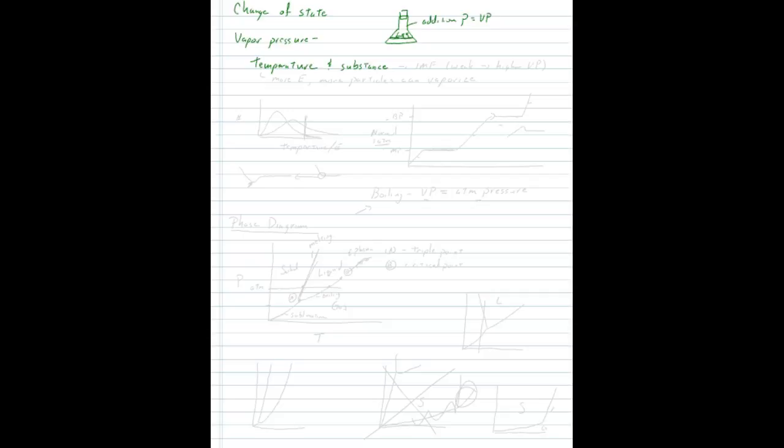Water has a very low vapor pressure because the molecules are very strongly attracted to each other. They have a strong intermolecular force. So the vapor pressure depends upon the intermolecular force. The weaker the force, the higher the vapor pressure.